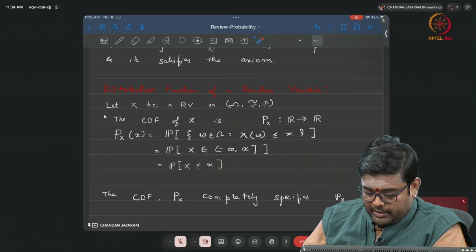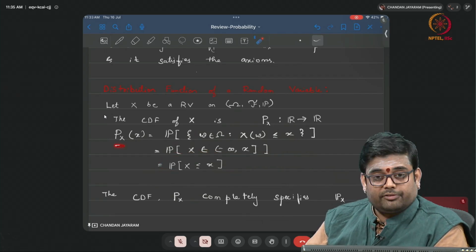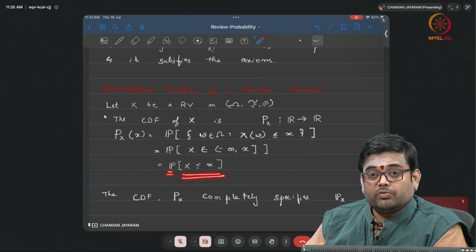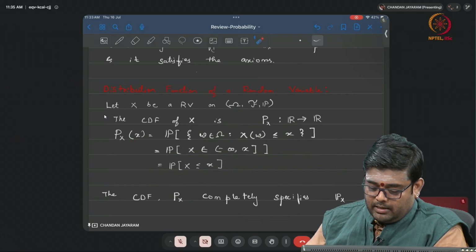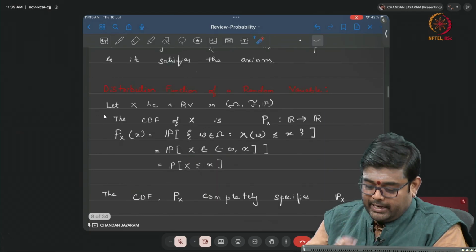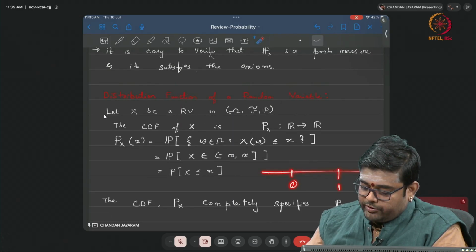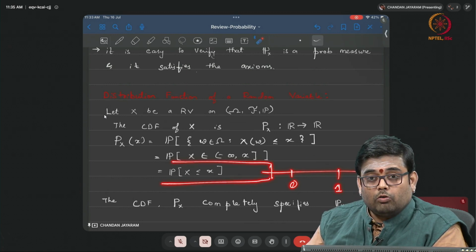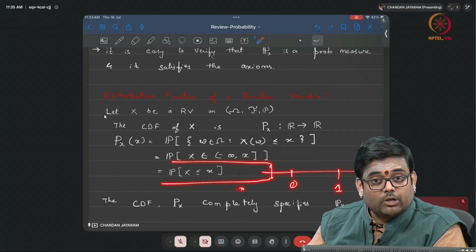From this notation it is very clear that you can think of the CDF as the probability for all values less than the considered value. If I go into the heads and tails example, let us say this is 0 and this is 1. If someone asks me the CDF at minus 3, before that there is no point for which a probability has been assigned, so it is 0.